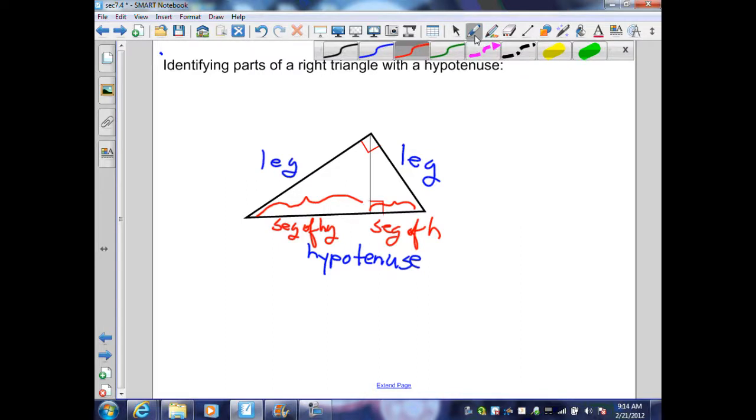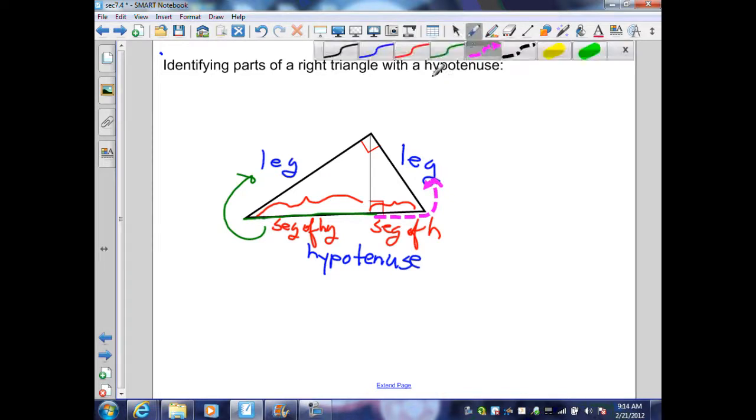And I can go further by identifying this segment is adjacent to that leg. And this segment is adjacent to that leg.